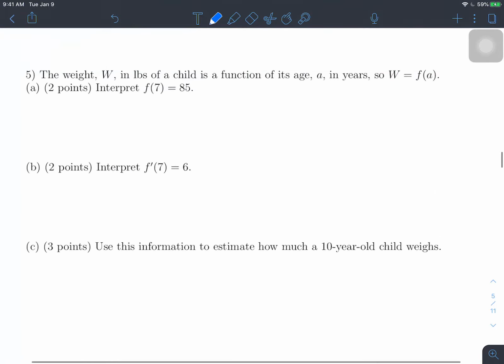So we know that f of 7 is equal to 85, so 7 is our value of A here, and 85 is our value of W. So this is to say that the age of the child is 7 and their weight is 85 pounds.